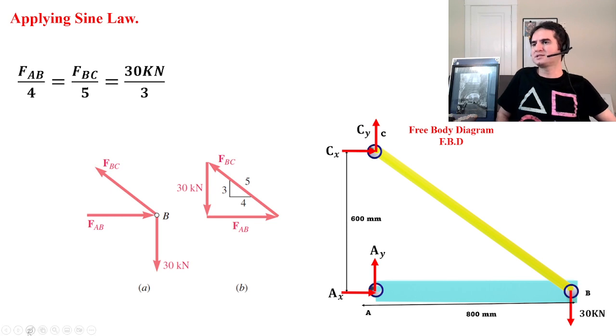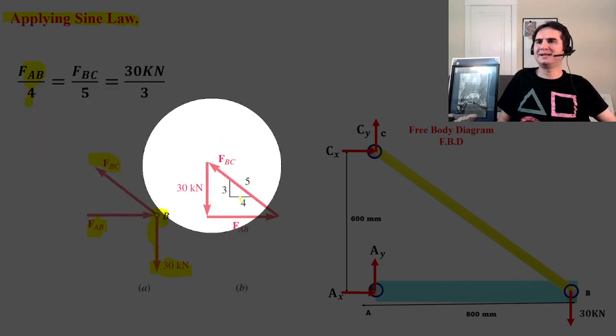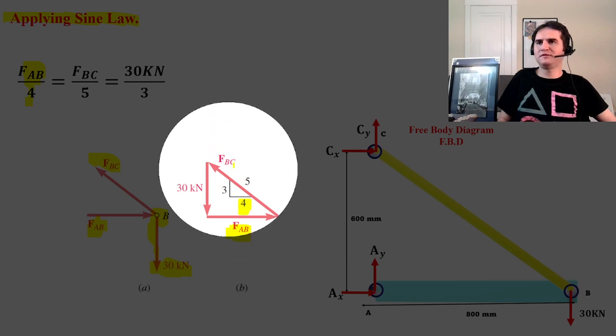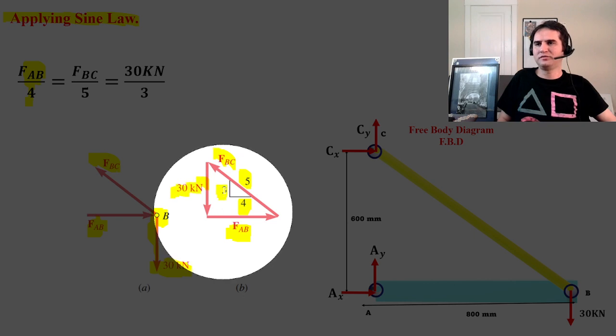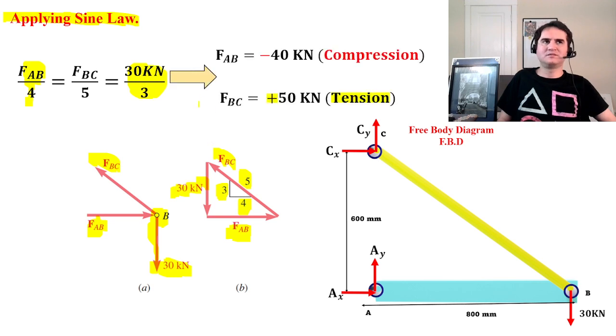If you apply the sine law for the forces at point B, where AB applies, BC applies, and the 30 kilonewton downward force applies, the sine law says FAB, the force in AB, over 4 is equal to FBC over 5, equal to 30 kilonewtons over 3. If you do the math, you can get both unknowns. We already know the directions of the forces.